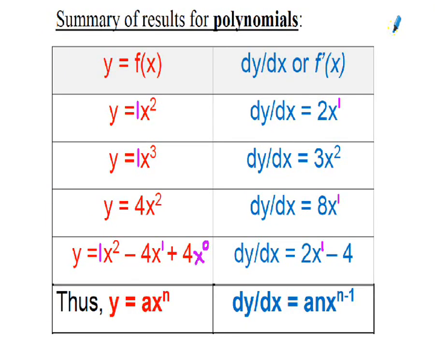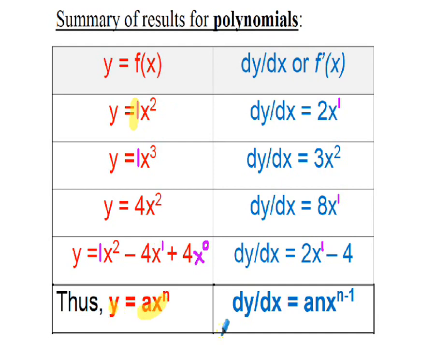Continuing with our summary of polynomials here. I've added certain values to this slide in purple to try and illustrate how the form y equals ax to the n, the original function we're given, becomes the form dy by dx equals a n x to the n minus 1, our differential coefficient. So if we take the first line of the table, we've got the form y equals 1x squared. I've added the 1 here. Now that's of the form y equals ax to the n.